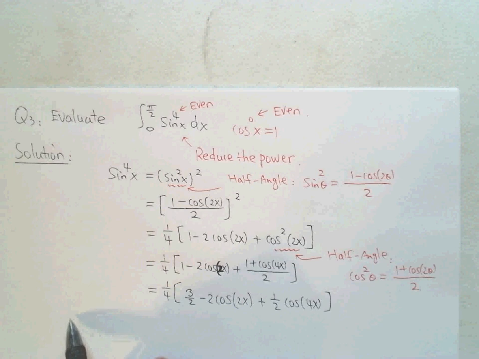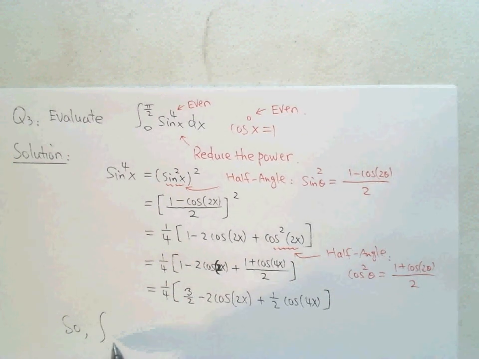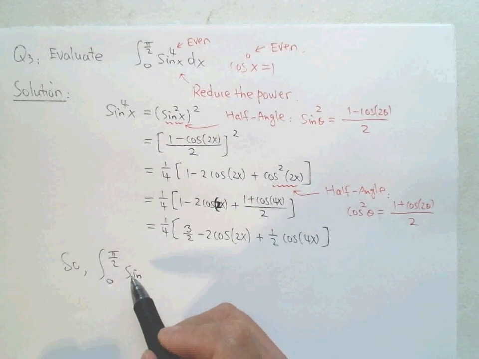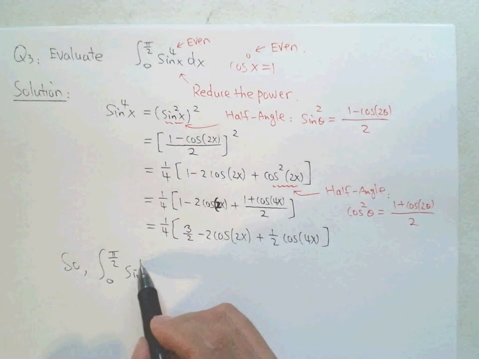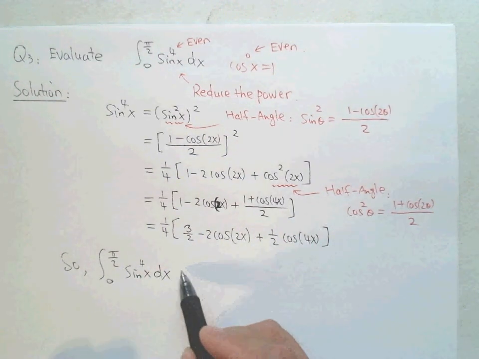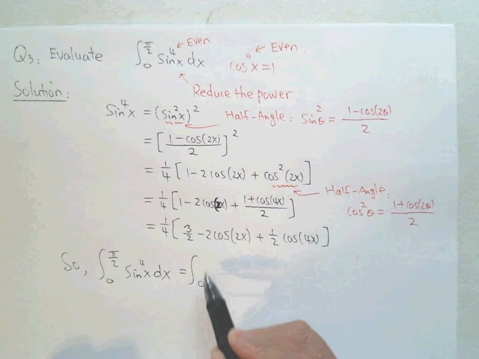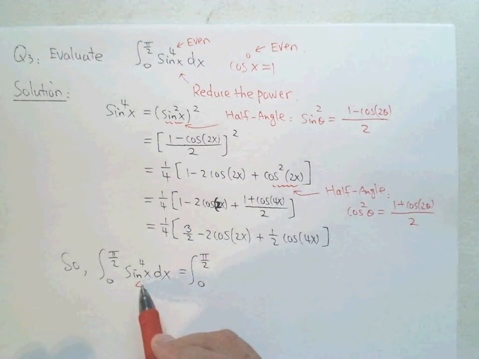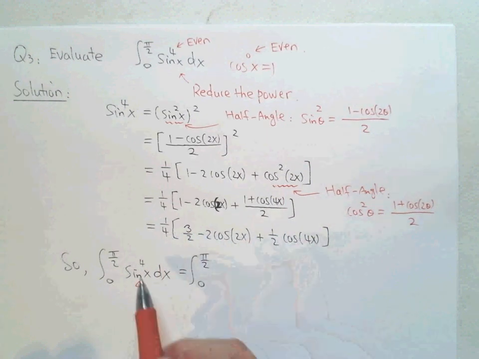So now it's ready for the question. The original question, 0 to pi over 2. Let's get a little bit up. Can you see? That's the original question. Now we know it equals the integral from 0 to pi over 2.